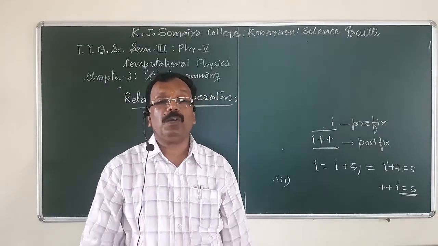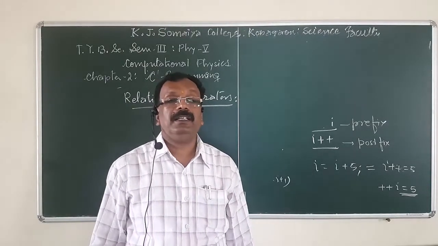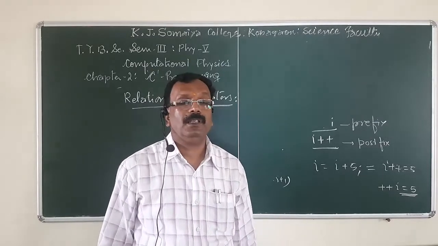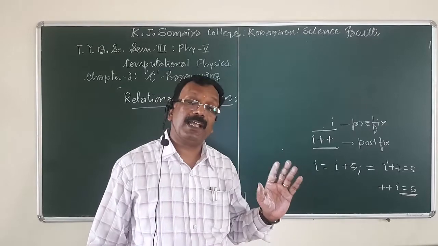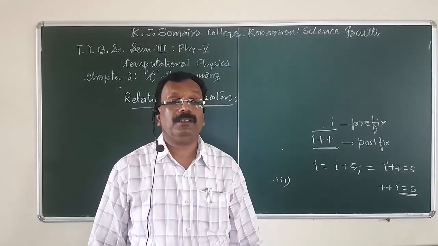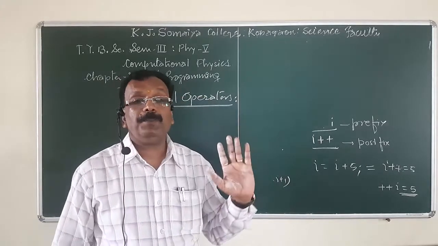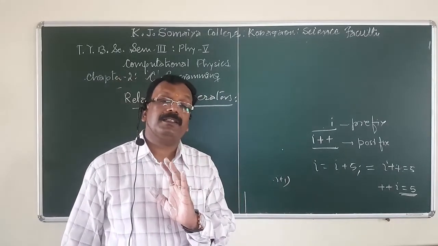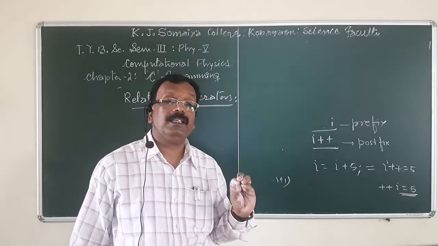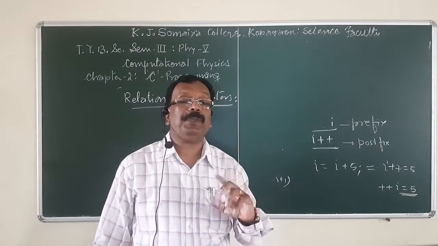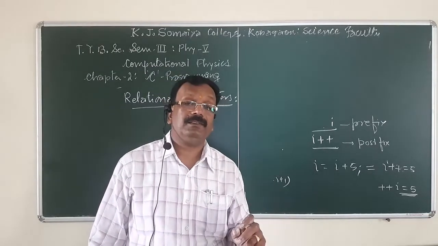We have to compare two quantities and, depending upon the relation, take some decision. The comparison can be done with relational operators. Each of these operators compares its left hand side with its right hand side.